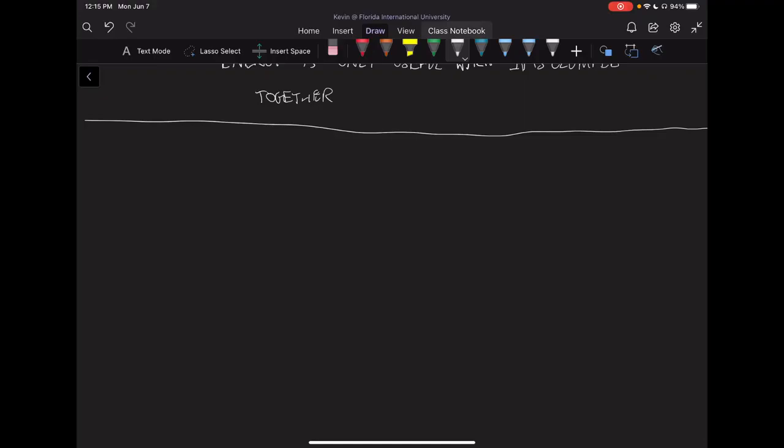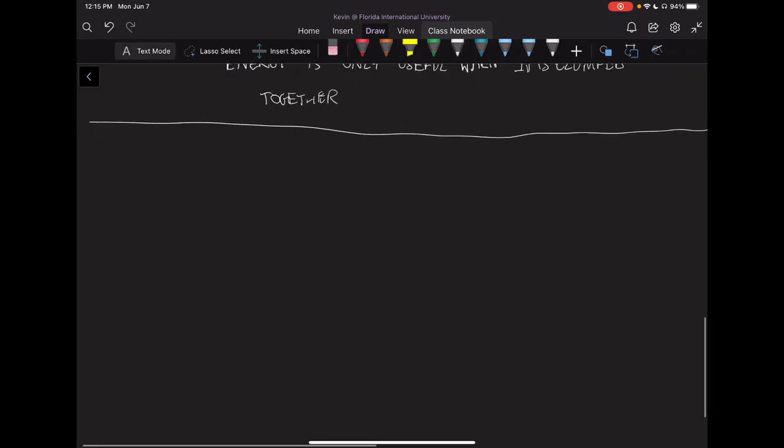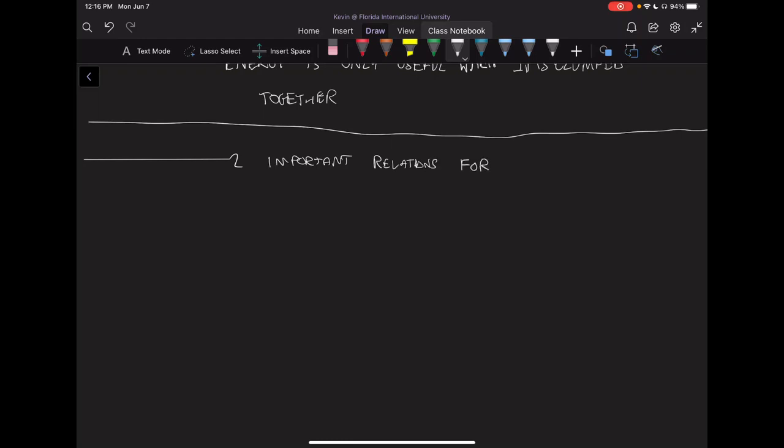Okay, so the next thing I want to do is let's try and put some equations into practice for a simple compressible substance. So let's look at two important relations for a simple compressible substance.